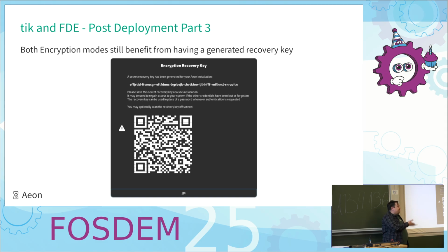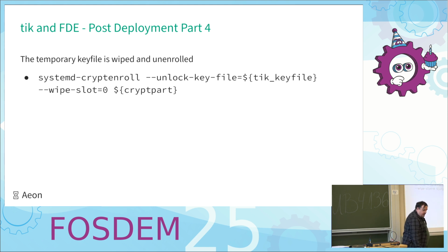So I generate a recovery key for everybody in every case all the time, and then present it to them with a nice long string and a nice QR code that you can store on your phone or whatever to remember what's going on. And then last but definitely not least, wiping that key file that it used to get the whole thing running. So the only keys that are enrolled in the end are your passphrase or the recovery key or the TPM.